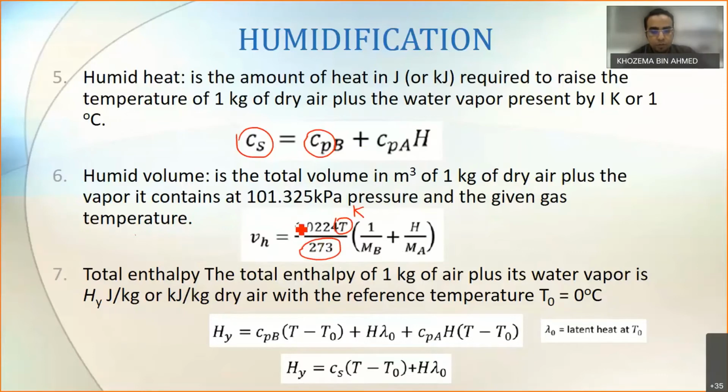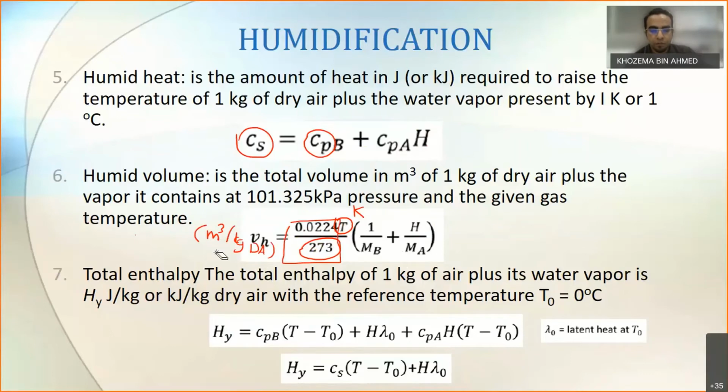This 0.0224 over 237, when you have these two values here, when you use this formula, your VH here, automatically the unit will be meter cube per kg dry air.